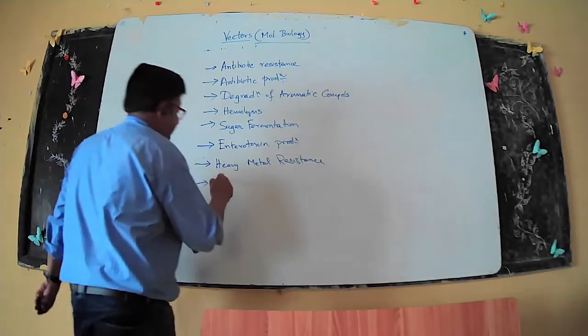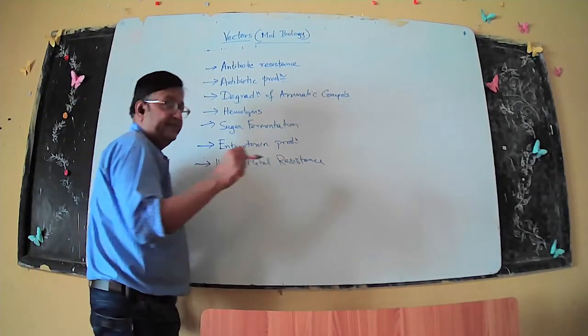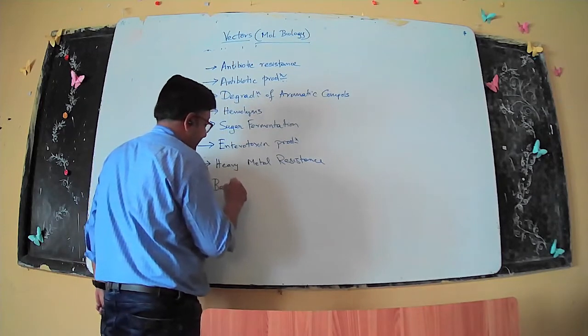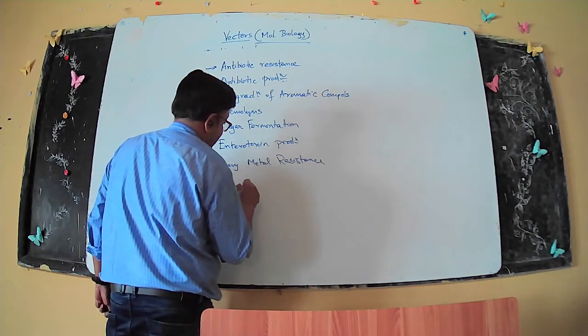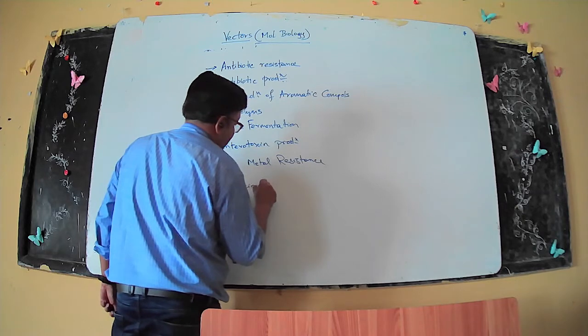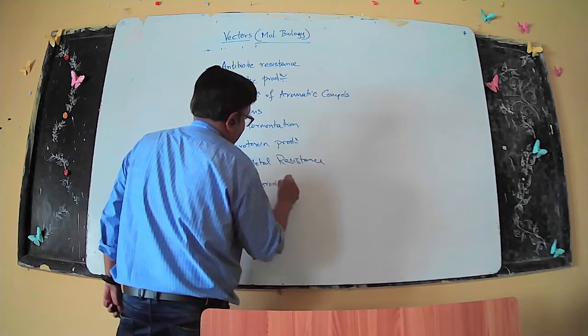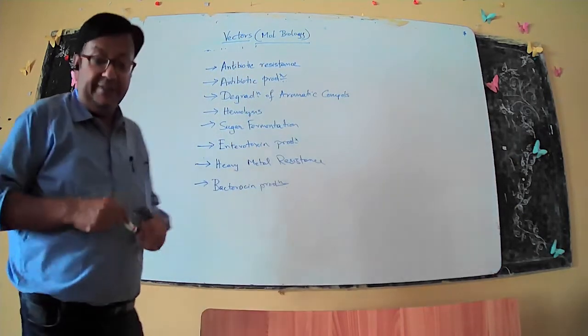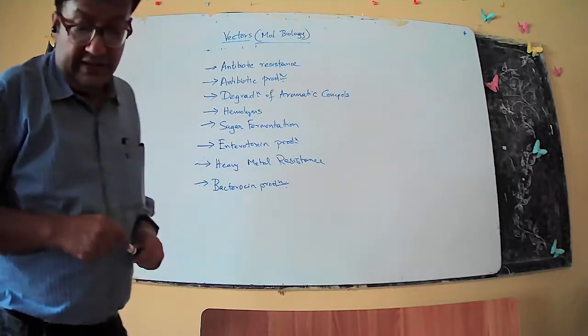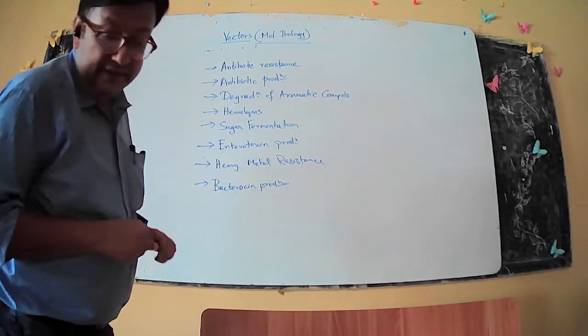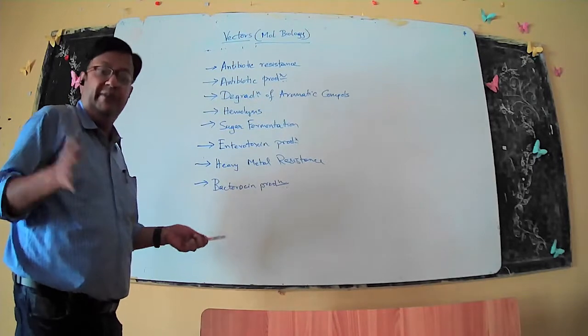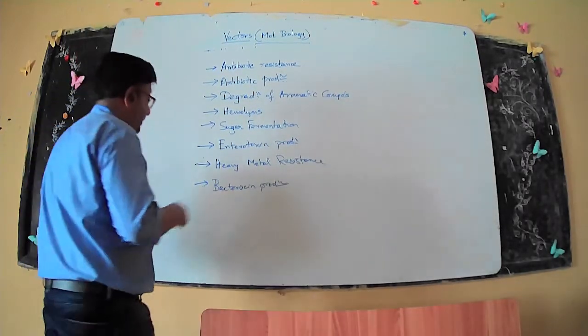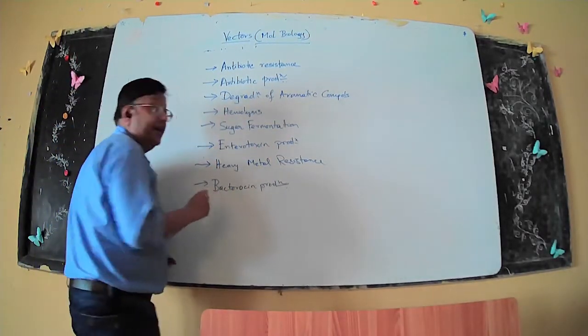Bacteriocin production. It will kill other bacteria. Very important, which we use in plant transformation, induction of plant tumors, Agrobacterium.